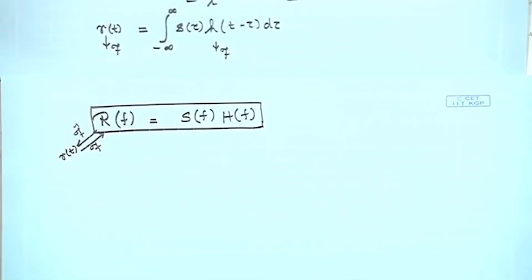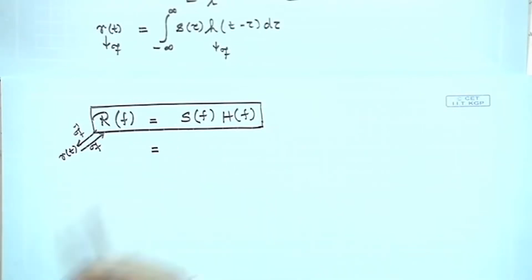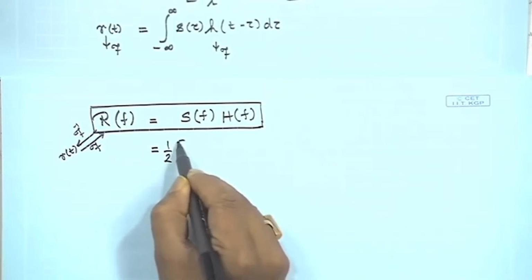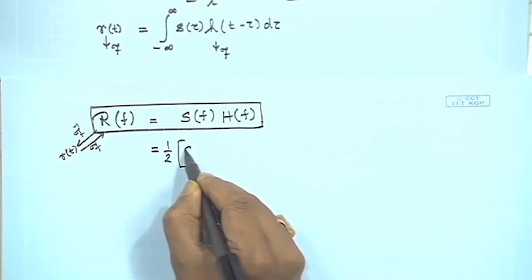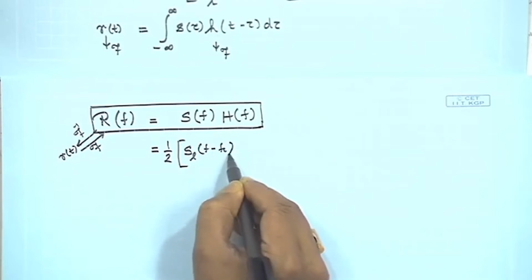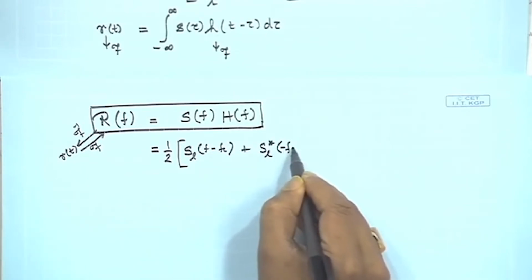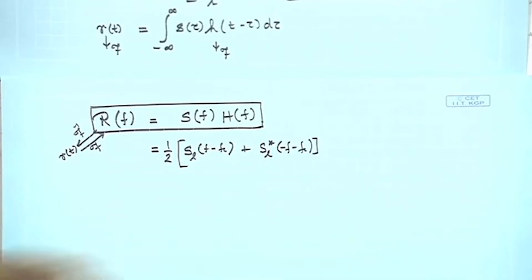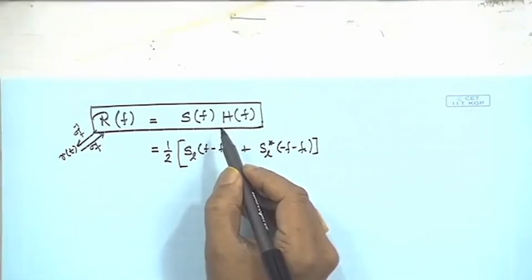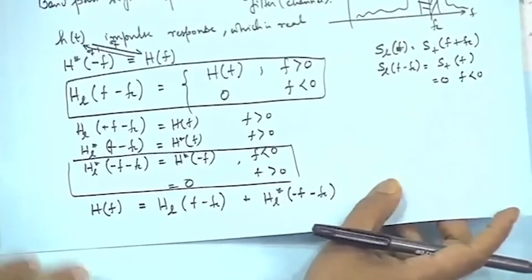Now, we have already seen that S(f) has an expression, which is S_L(f minus f_c) plus S_L conjugate of (minus f minus f_c), and H(f) we have already defined in the previous lecture.